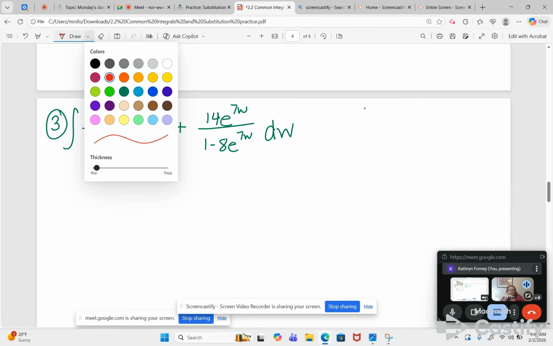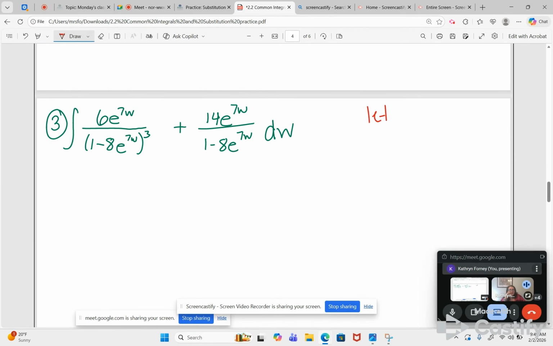So we have to decide what is the inside function. So when I look at this, I see right here I have something cubed. And so I know what's inside those parentheses needs to be my inside function.